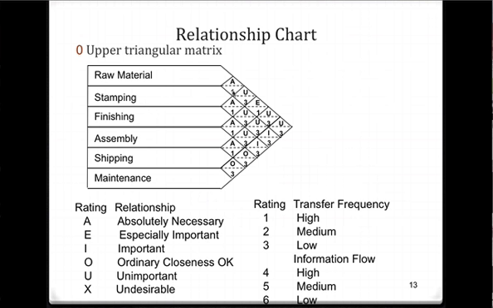And we also note in the lower half of the square the transfer frequency corresponding to the material flow moving between those two areas. Now in this case, it'll obviously be moving from raw material to stamping. So what this allows us to do is to get an idea of how we should set up our system flow, recognizing the relationships between the various areas in our system.